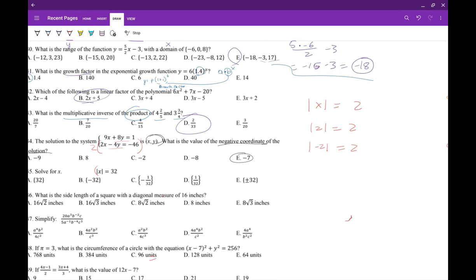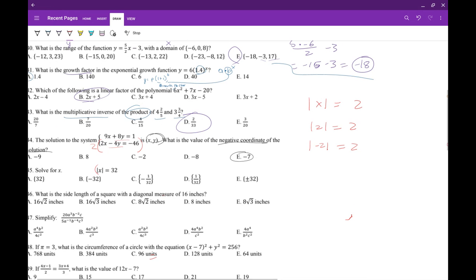Why? Because the absolute value makes whatever's inside positive, regardless of anything. So the +2 is by default positive, and -2 becomes positive. So now if I need to solve for x, you see x is equal to -2 and +2. In other words, x is equal to plus or minus 2.